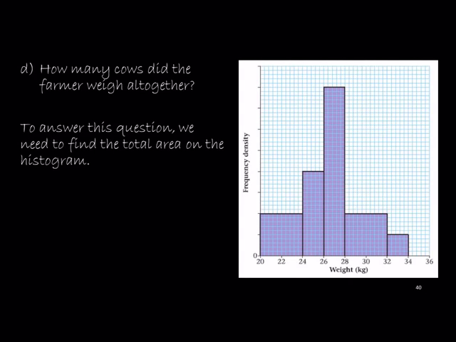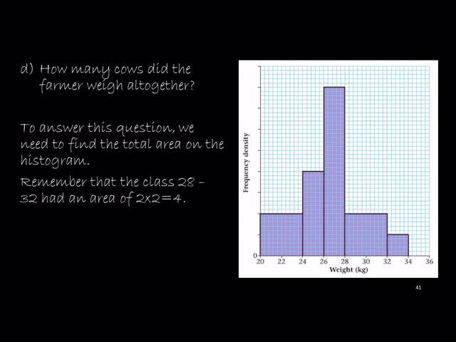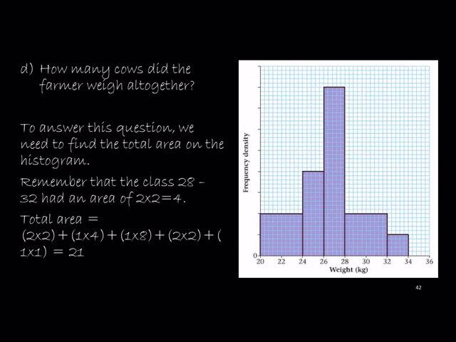So part D. How many cows did the farmer weigh altogether? To answer this question, we need to find the total area on the histogram. And remember that the class 28 to 32 had an area of 2 by 2, which was 4.